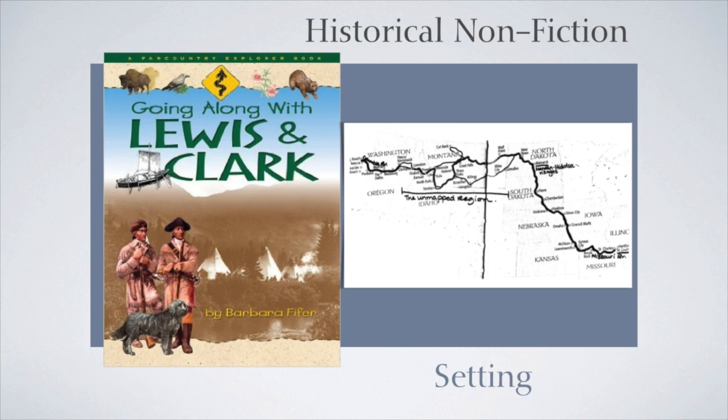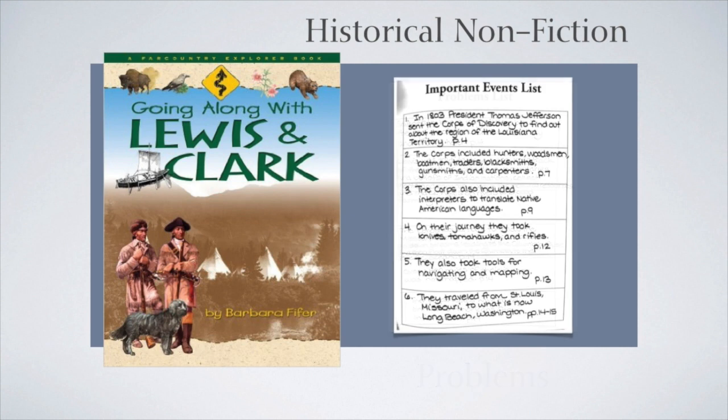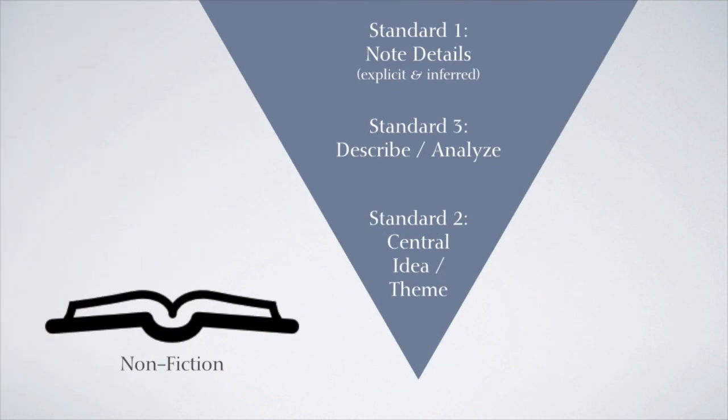Here you see an example of a map students use to determine the charted and uncharted territory the Corps of Discovery traveled through. Students will be able to track problems across the text, thinking about how these problems impacted the journey. Finally, students will be able to keep track of important events, synthesizing the most important events while placing them in chronological order. However, students must go even deeper.